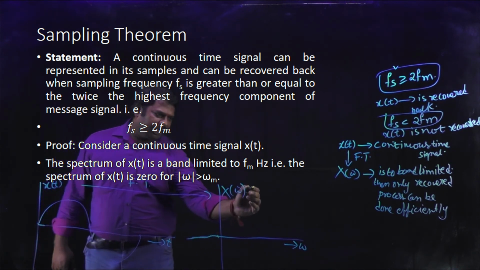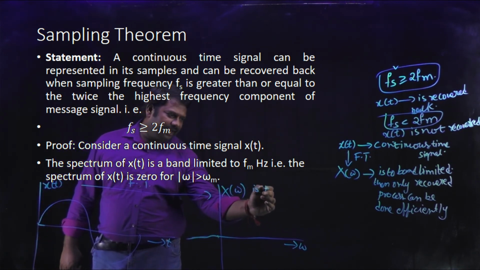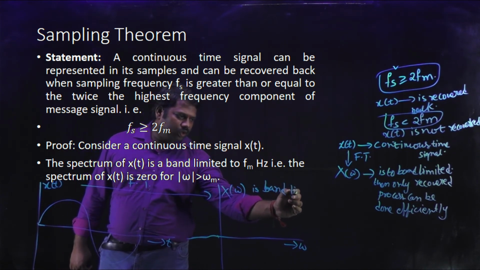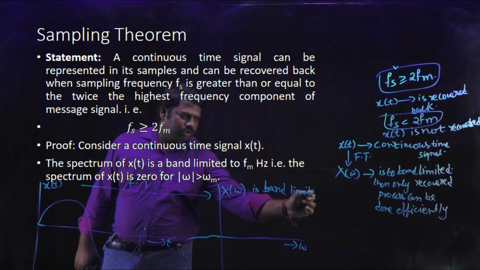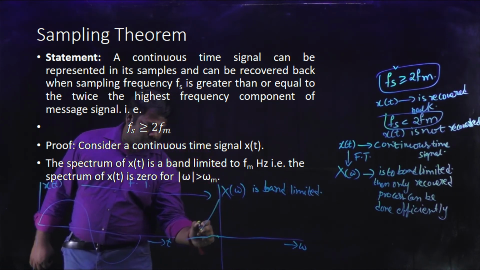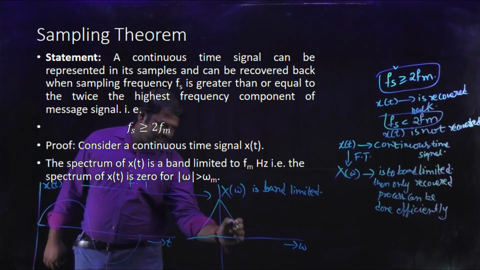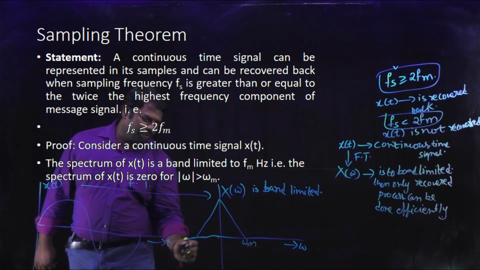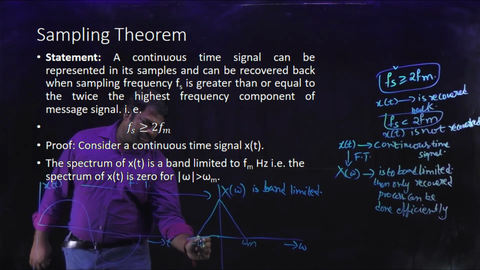We are considering x of omega as band limited. Therefore it will be defined like this, as a rectangular function with the highest frequency component as Wm and minus Wm.